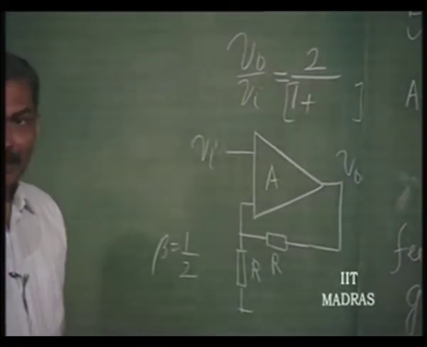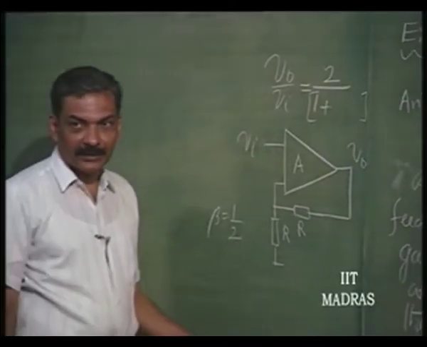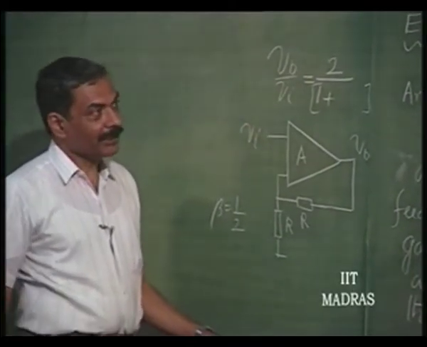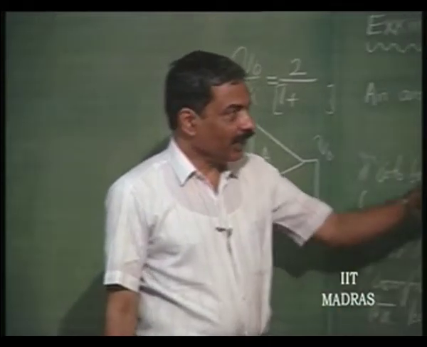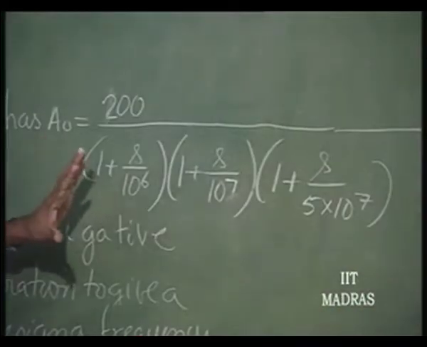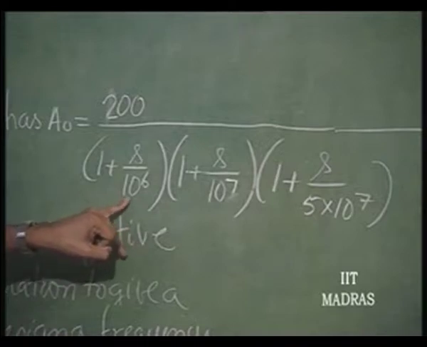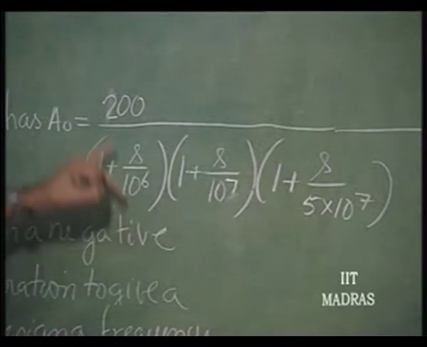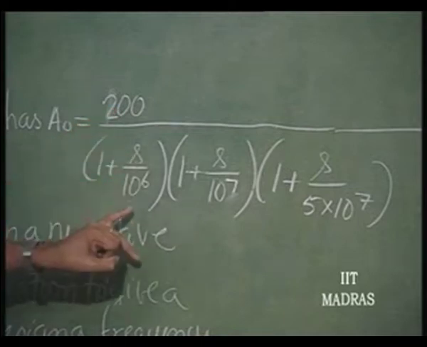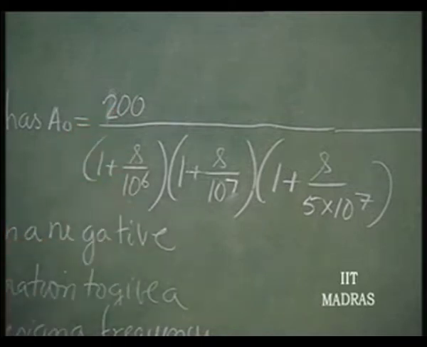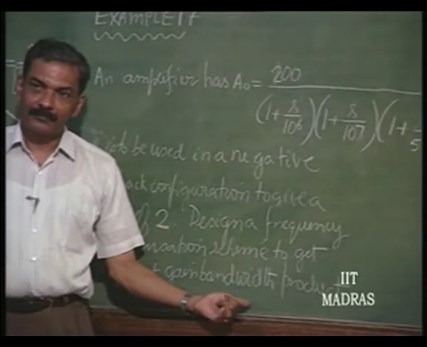With 3 poles it might now go into oscillation. Let us examine. If it is not going into oscillation, then the bandwidth is equal to 10 to the power 6. Actually, the gain bandwidth product is 200 into 10 to the power 6. That is the best gain bandwidth product for this amplifier already.